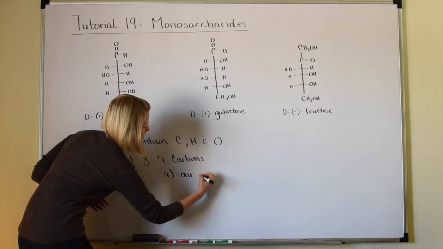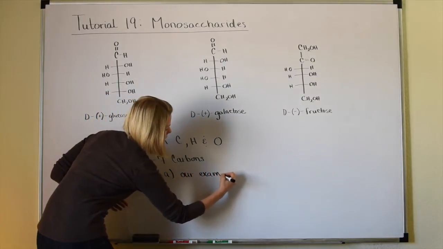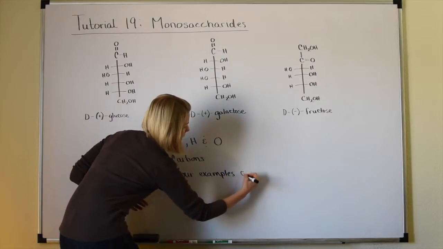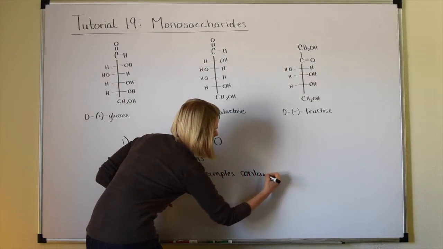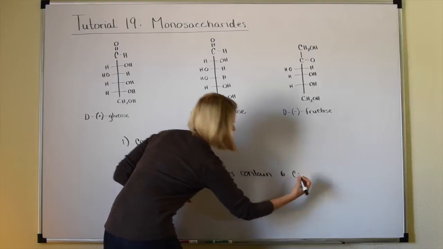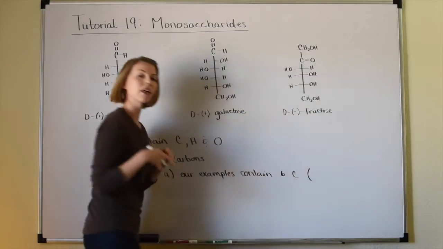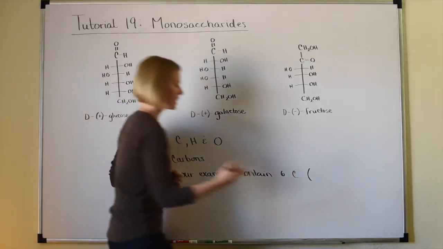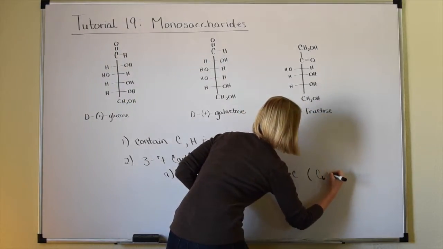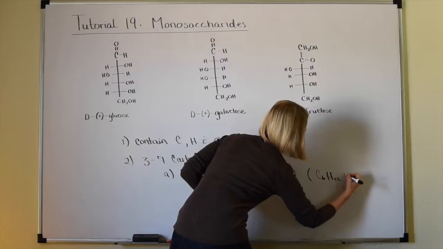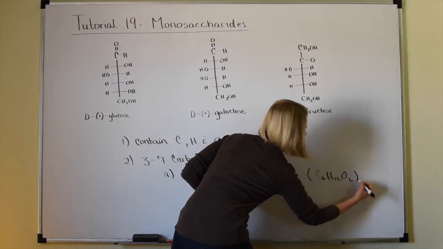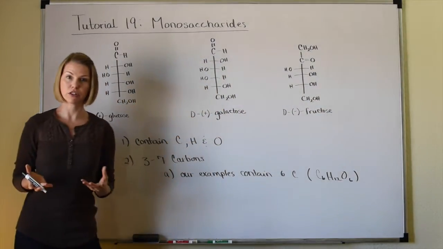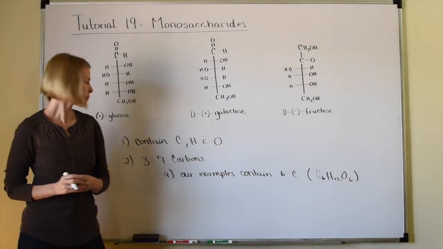Our examples contain 6 carbons, and in fact, they all have the same molecular formula, C6H12O6. So they are all isomers of one another.